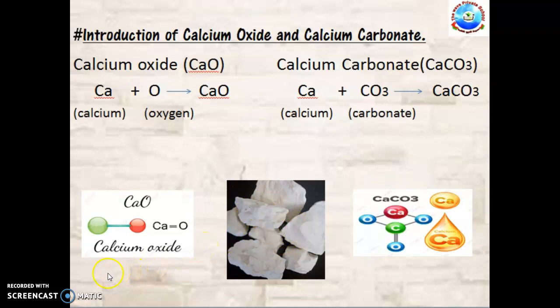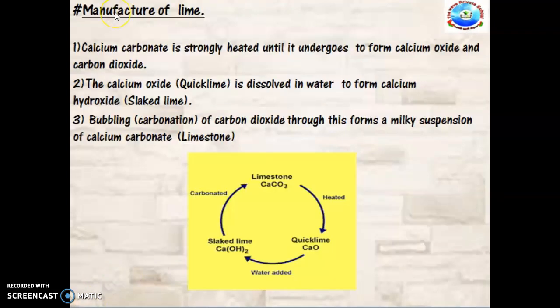Let us see how it is manufactured. Let us see the manufacture of lime, how lime is manufactured. So, first see this cycle. Let us see calcium carbonate. That is called limestone.